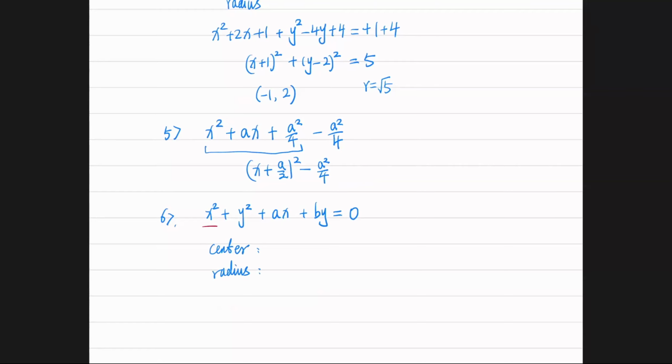X squared plus ax, y squared plus by. I got it. Okay, what's the answer? I think the center is negative a and negative b, right?